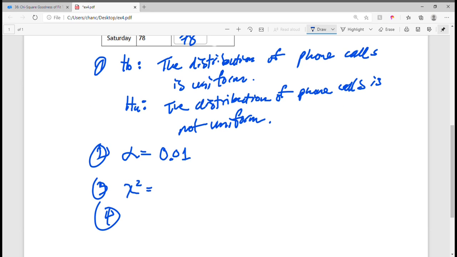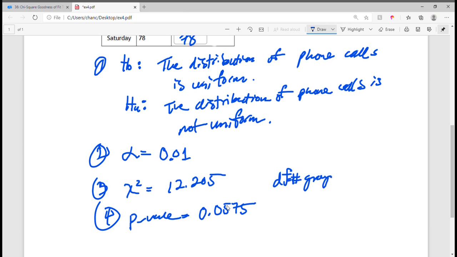That's equivalent to 12.205, and our p-value is equal to 0.0575. We can also state our degrees of freedom, which is equivalent to the number of groups minus 1. Since we have 7 days of the week, we'll subtract 1 from it. The degrees of freedom is 6.